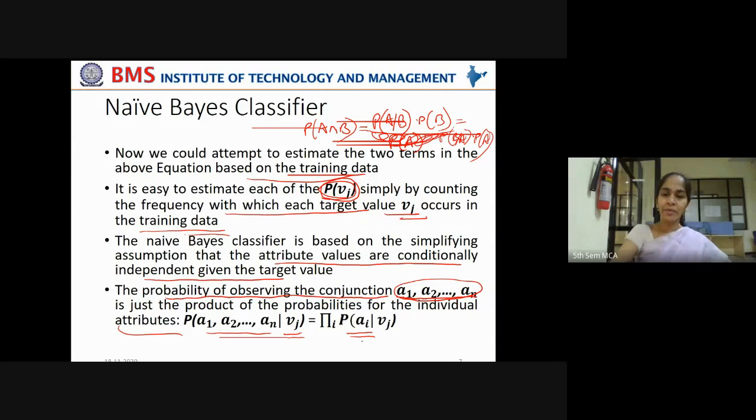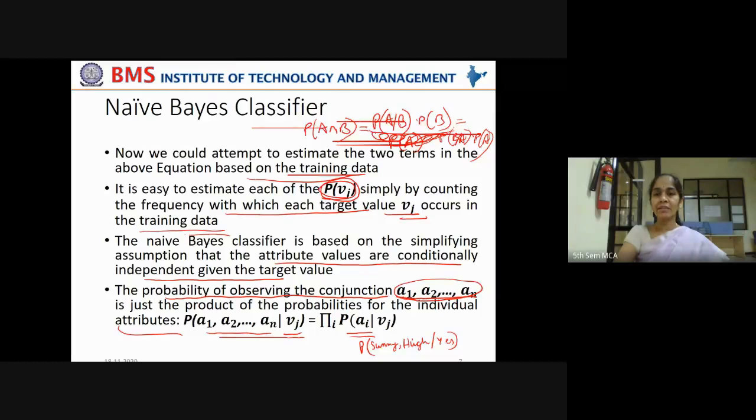Say you have probability of sky being sunny, comma, humidity being high, given the outcome label is S. How do you write this according to the product rule?